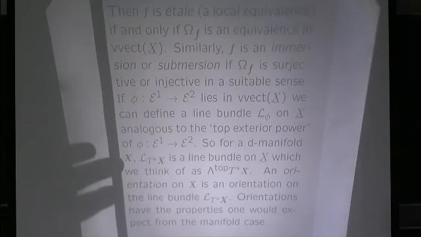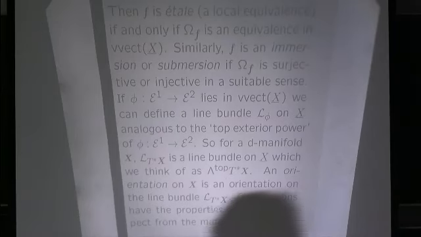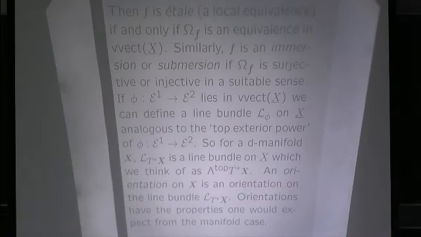And then we can define orientations to be orientations on the line bundle associated with the cotangent bundle of X. So then you get the properties you'd expect from the manifold case, and from a compact oriented D-manifold, you can define a virtual cycle, which is what we're after. Okay, so I think I'll stop there. Thank you.